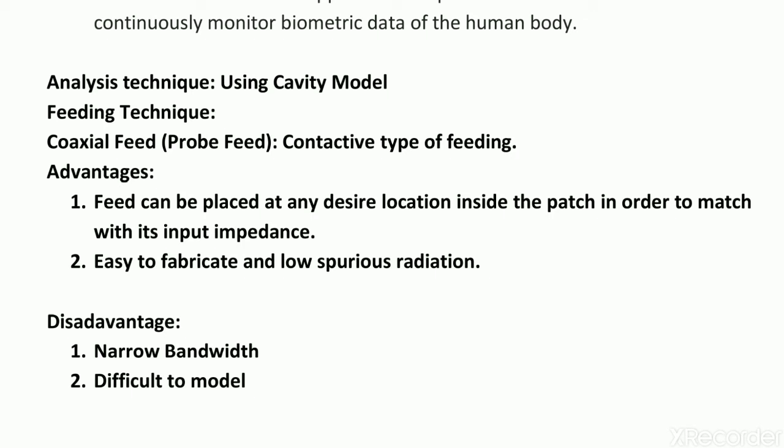In the non-contacting type there are also two types, the first is aperture coupled feed and the second is proximity coupled feed. But in the case of the circular patch antenna we mostly use the contacting type of feeding, that is probe feed, that I have shown in the first image in this video.